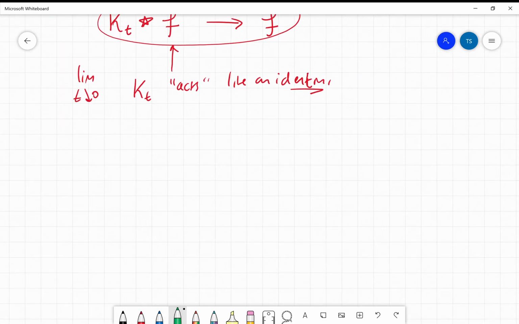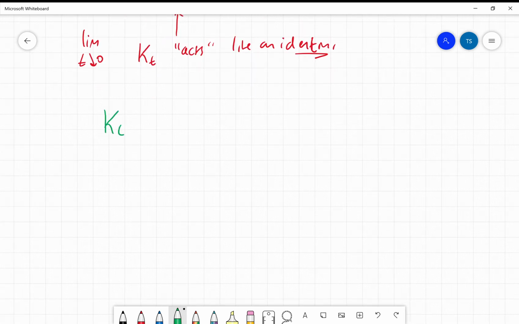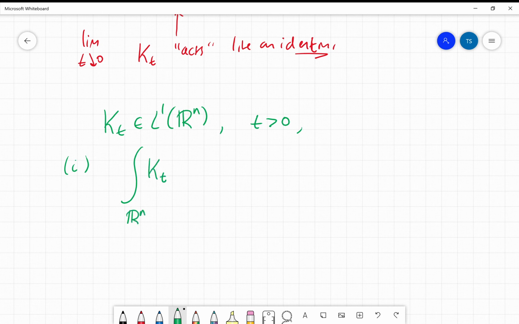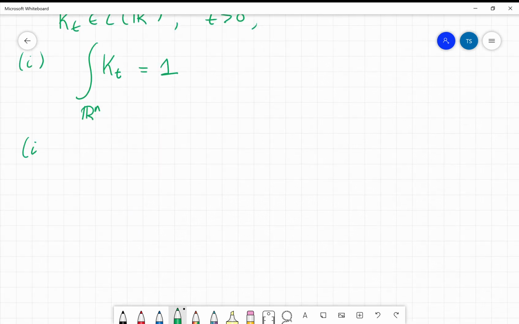So what is a good kernel? A good kernel is a family of L1 functions where the index is strictly greater than 0, and you've got the following. You require that the integral of this over the entire space normalizes to 1. Next, you require that if you take the absolute value of the integral, in some sense just the L1 norm.